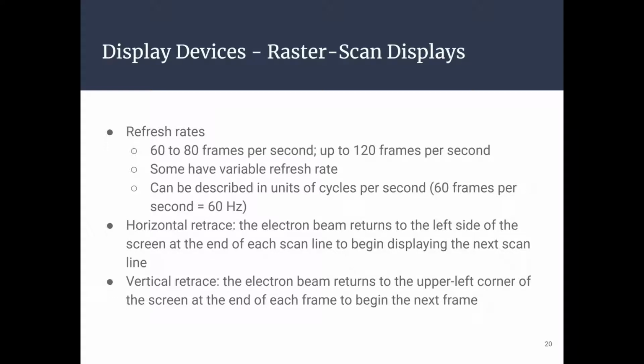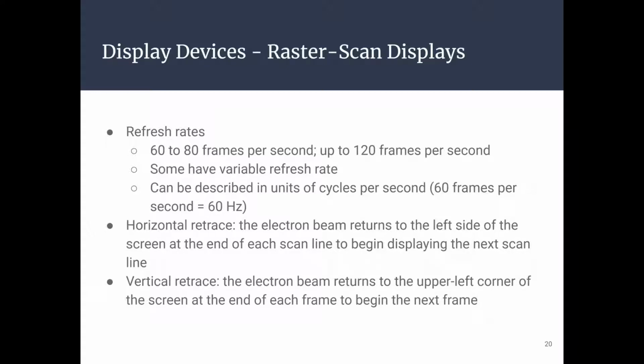So once it reaches the end of the scan line, horizontal retrace is the process where the electron beam goes back to the beginning, which is the very left side of the next scan line, so that it could go through that next scan line. So that's what the horizontal retrace is.